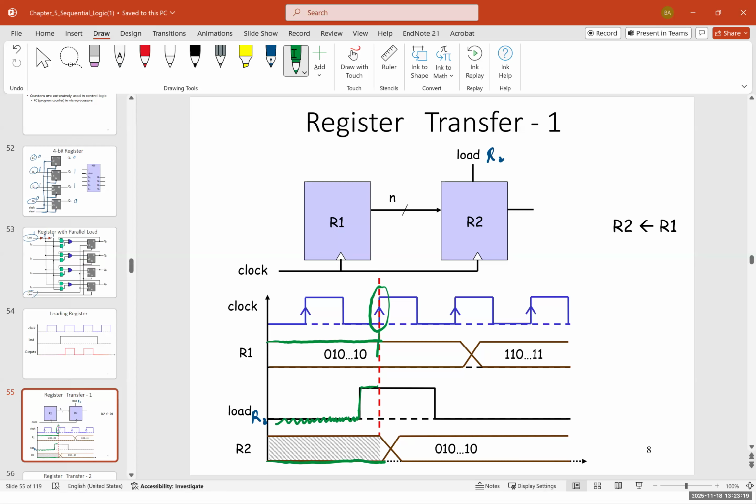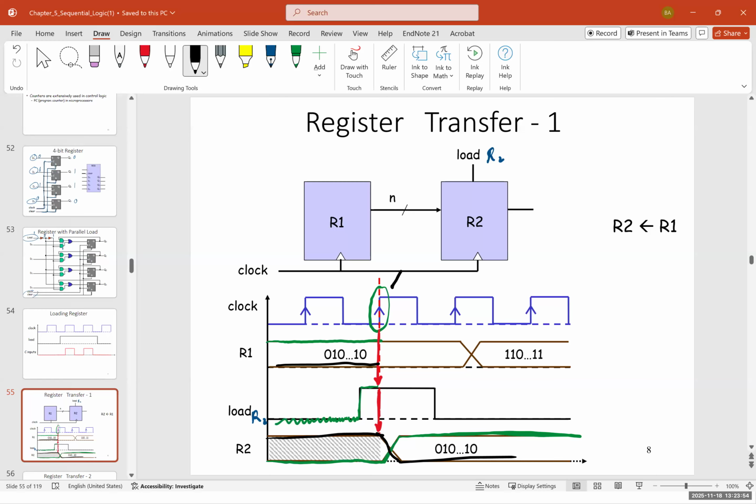As soon as the next clock comes in, let me draw it with red, and we have load enabled, then R2 would change, its status would change to 1. And the opposite is also true. If it was 0, then this would be 1 and then 0, for example.